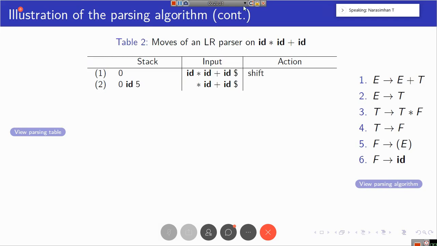You need to pop two symbols from the stack. What will happen? These two symbols will be popped off the stack. ID and 5 will be popped off the stack. Now on removing ID and 5, what is the state symbol that you have on the stack? 0, right?